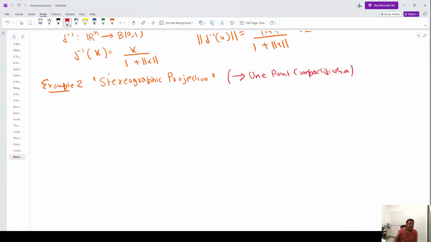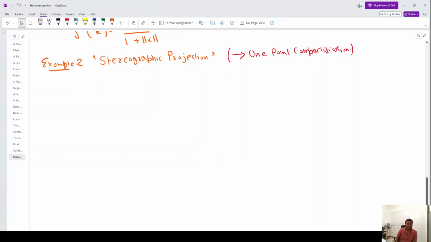So stereographic projection. Let us understand, what is this stereographic projection? We can do this for any dimension, but let me fix up this setting. I have a sphere. Let's say I'm placing it like this.